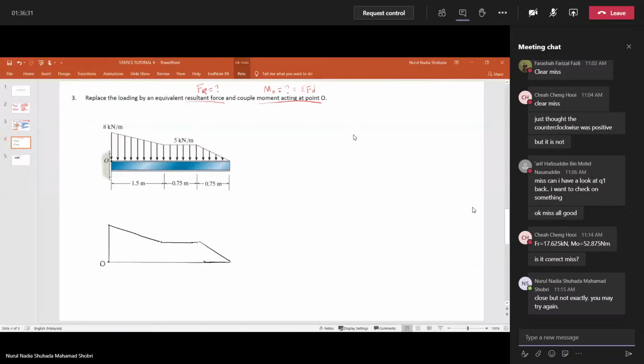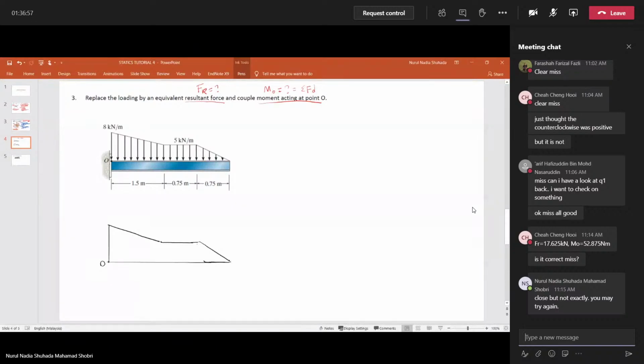So as you guys can see, in the diagram there, the shape is actually quite irregular. So you guys can actually break down the shape into something more familiar to all of you.